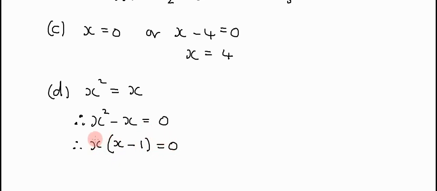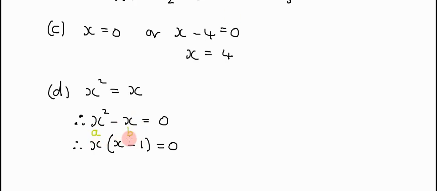Now note, if we multiply out again, we're going to end up again with x squared minus x, because x times x will give us x squared, and x times negative 1 will give us negative x. Now we can use the zero product rule. The x here will represent a, and the x minus 1 will represent b.